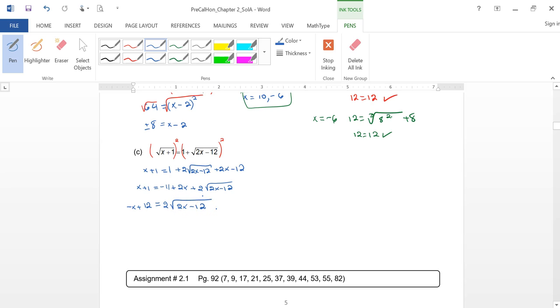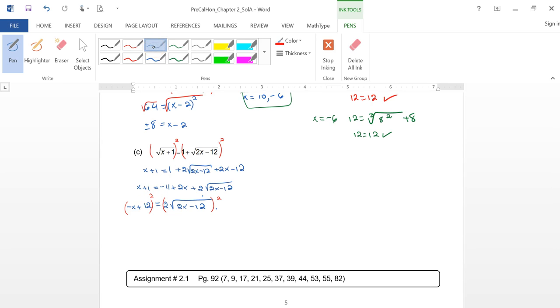At this step, if the left side was all divisible by 2, then I would have gone ahead and divided. But since x isn't divisible, just leave it the way it is. Now I still have a radical. It means I need to square one more time. So I square this, and I square this.